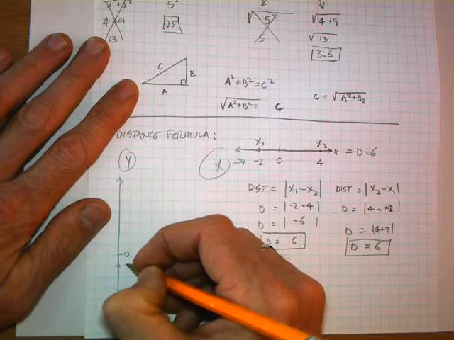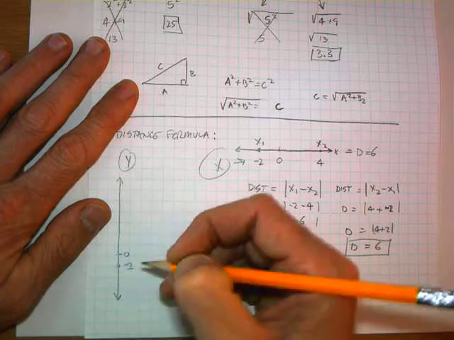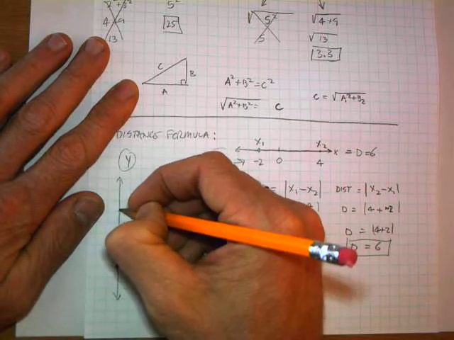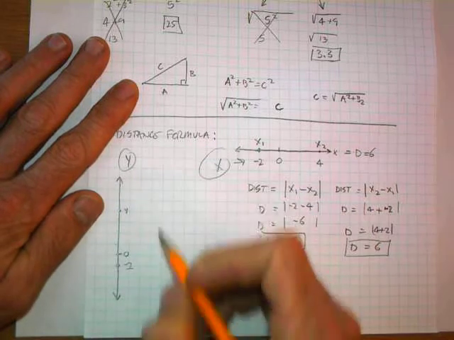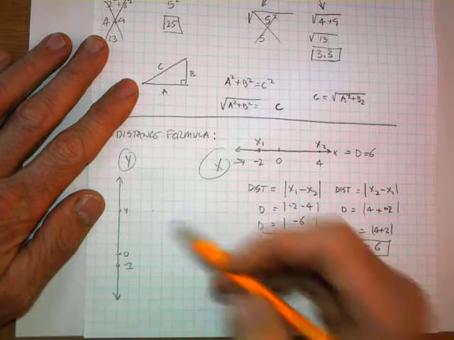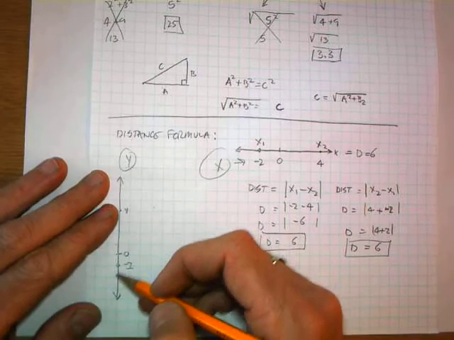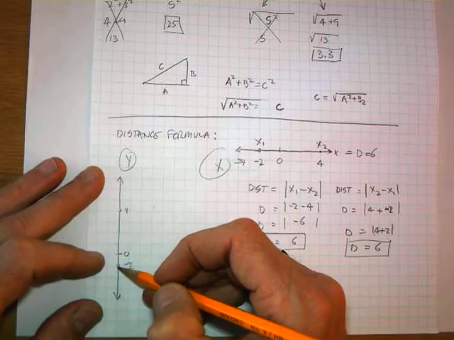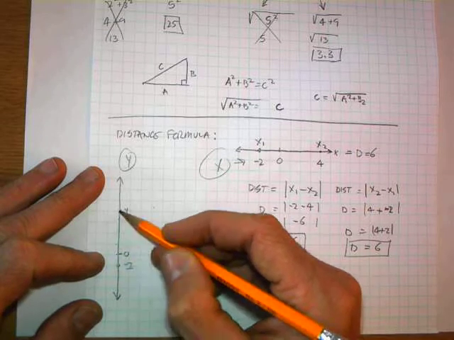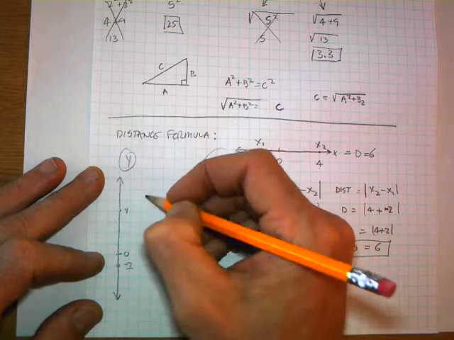We're going to call this -1, and we'll call this a 1, 2, 3, 4. So in this case, we're just strictly dealing with the y-axis, and so what is the distance here? Well, you can look at it and say, well, it's 4 here and 1 there, so the distance is clearly 5.